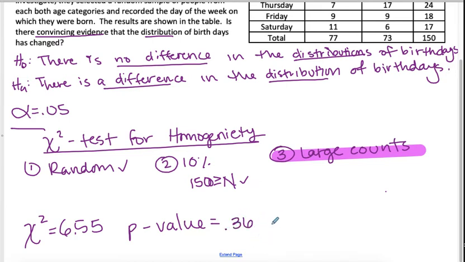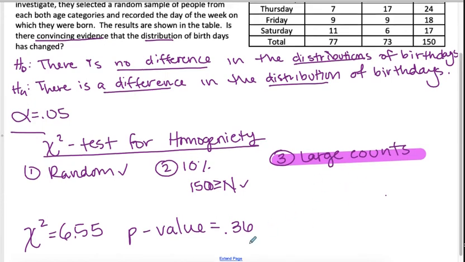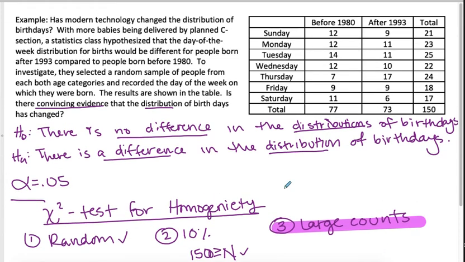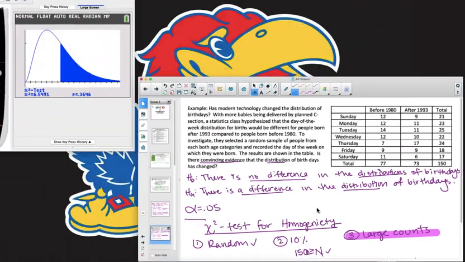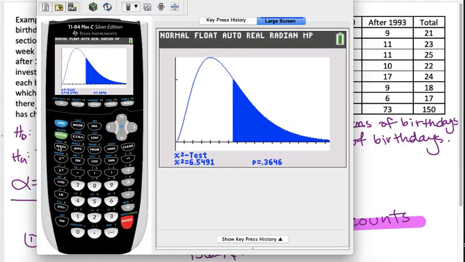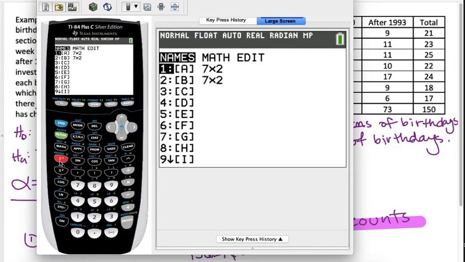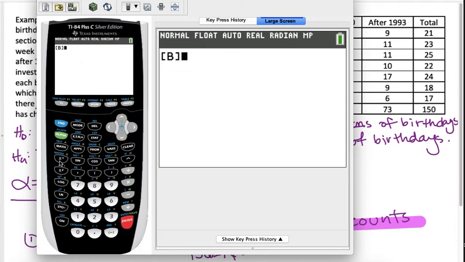Okay, careful. This is why I highlighted it. Go back. We need to make sure and verify that all expected counts were greater than 5. Otherwise, our chi-squared and p-value are flawed. So I'm going to go back to my calculator, to my matrix, and we have to show that we've counted and figured out the expected counts here.